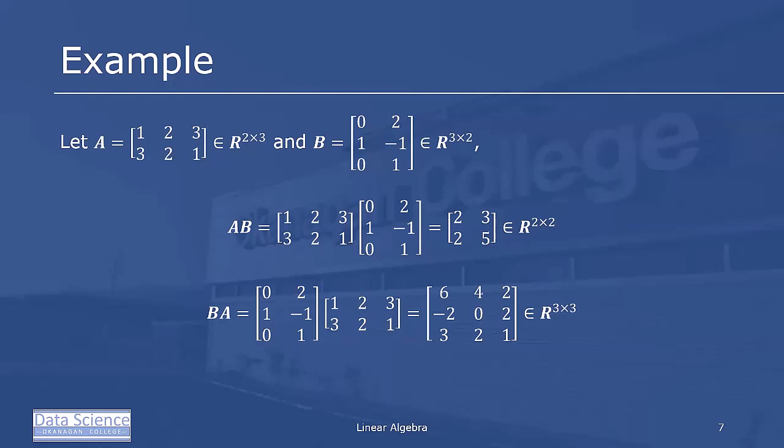Note, however, that if we take matrix B, which is 3 by 2, and matrix A, which is 2 by 3, we can multiply B times A. Since the neighboring 2's match, we can compute their product, and the resulting matrix is going to be 3 by 3. So go ahead and repeat that same process, and you get the matrix 6, 4, 2, negative 2, 0, 2, 3, 2, 1.